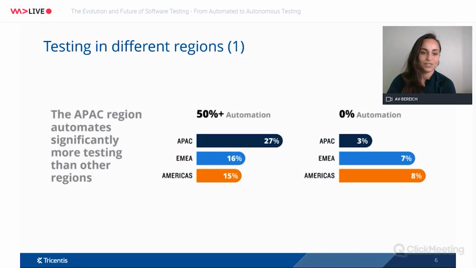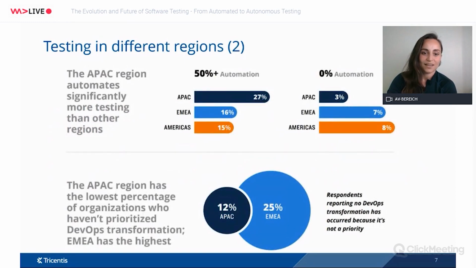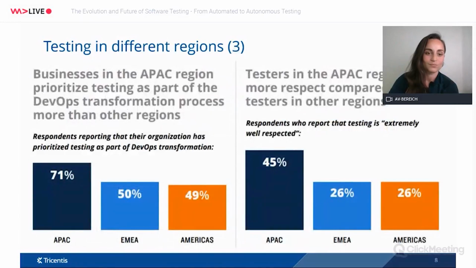You can see that the APAC region is ahead of other regions like EMEA and Americas when it comes to automating testing. APAC also focuses more effort around testing, and businesses in APAC prioritize testing as part of the whole DevOps transformation process, which leads to better outcomes.